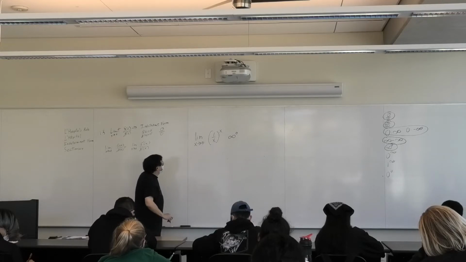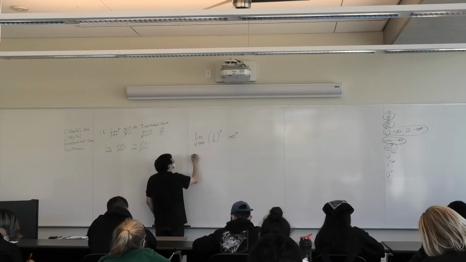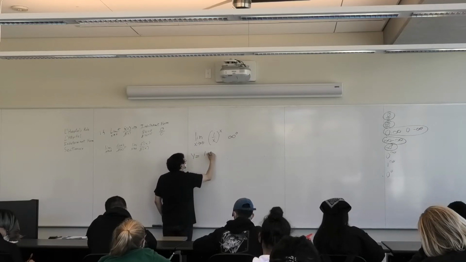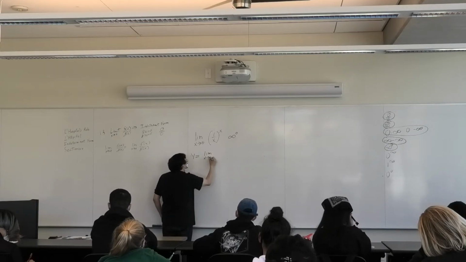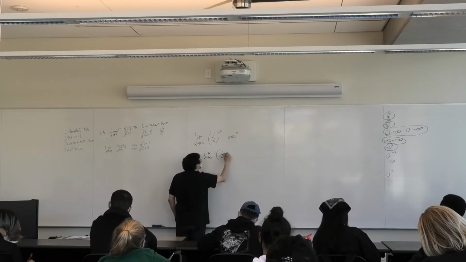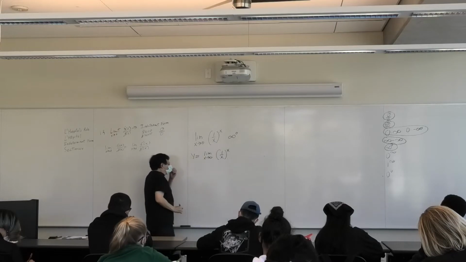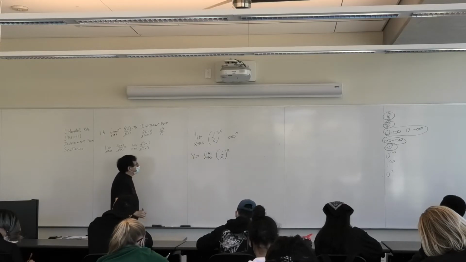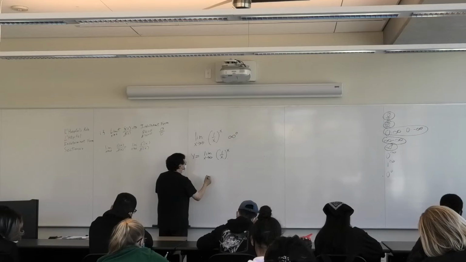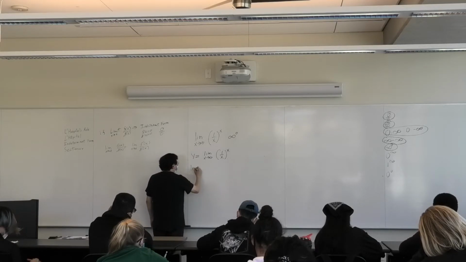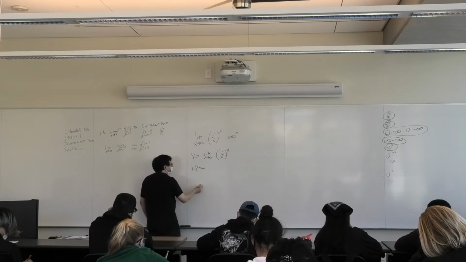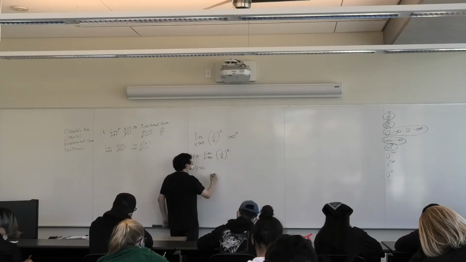So instead, we say, all right, let's let this be y. And let's try that trick. Let's find the natural log of both sides. The log of y, well, the log is going to come inside the limit.